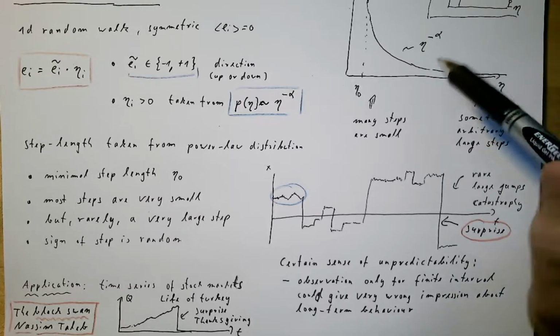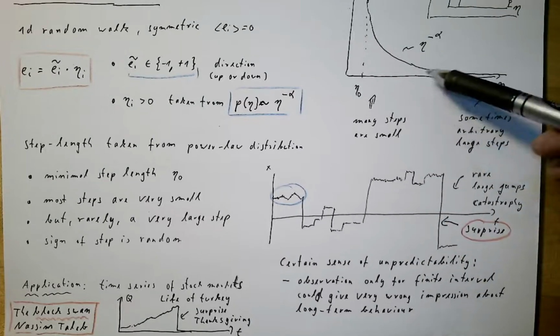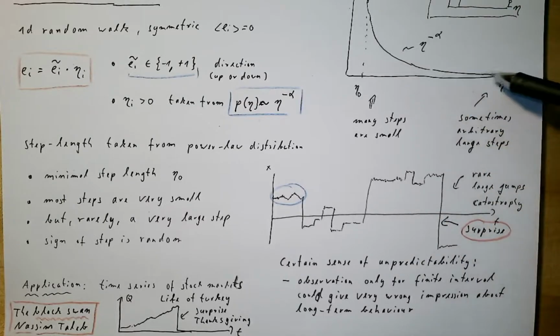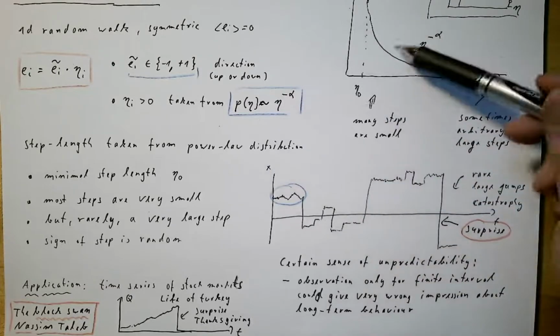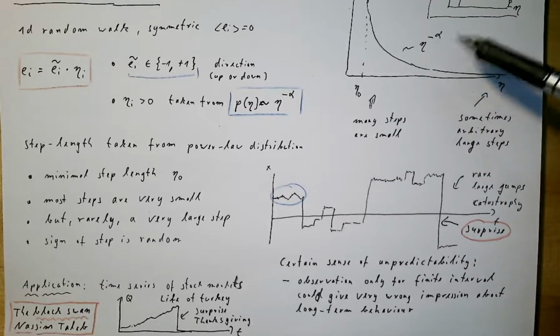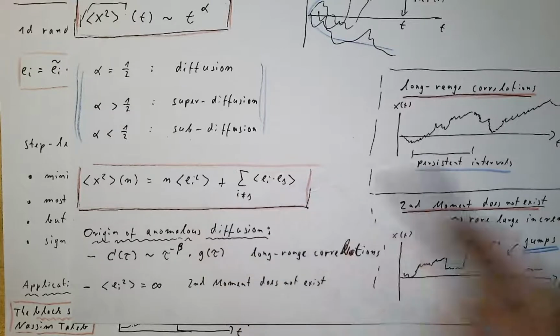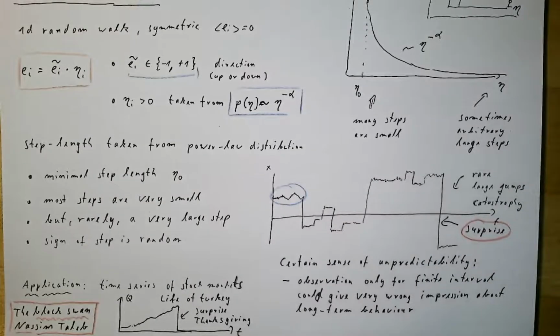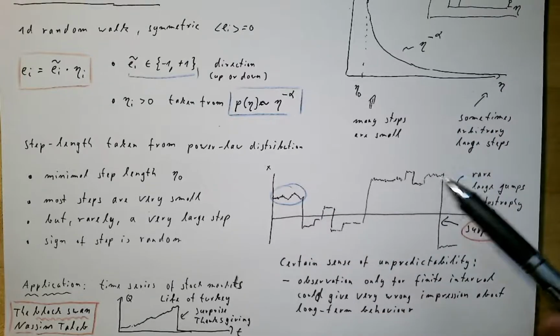So let's now in the next videos look a little more at power law distributions. What are the properties? Where do they appear? They don't appear only as increments of random walks, they appear in many other systems. So what are the properties? In particular, does the second moment here really diverge? Because I didn't show you this yet. Only if the second moment diverges do we really have super diffusion here.